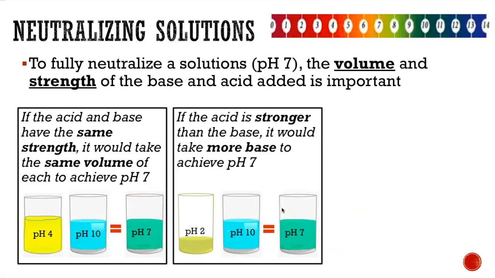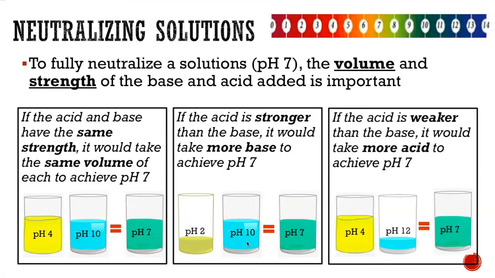If the acid is stronger than the base, it would take more base to achieve a neutral solution. So if I have a really strong acid, I don't need a lot of it to be able to neutralize this. And then the exact opposite is true as well. If the acid is weaker than the base, it would take more acid to achieve that neutral solution.